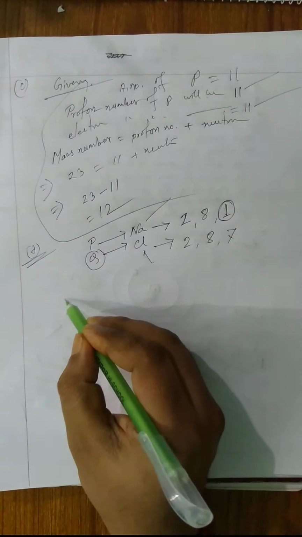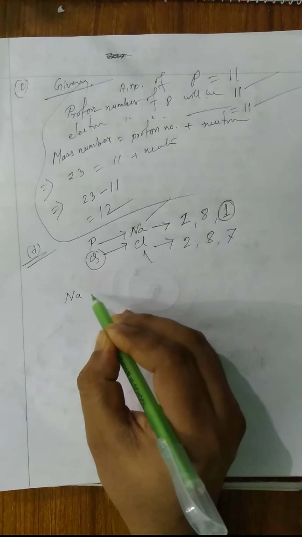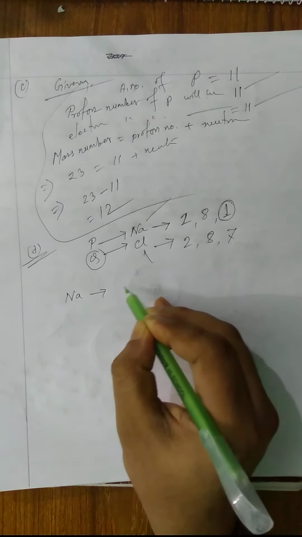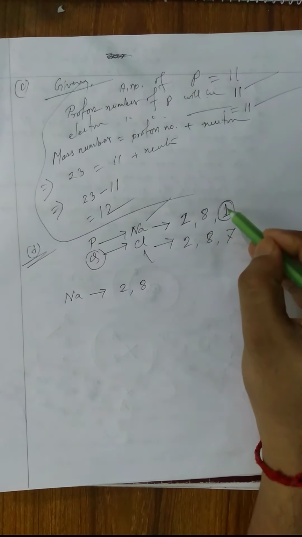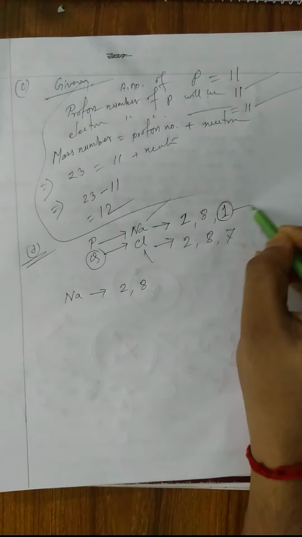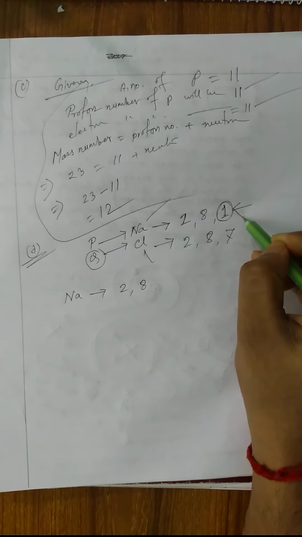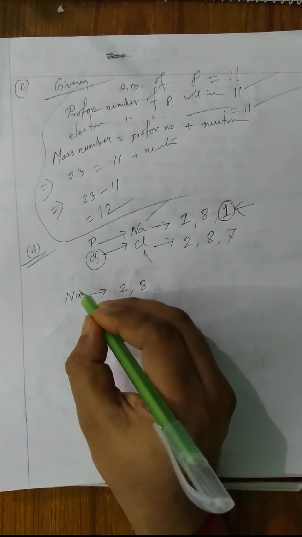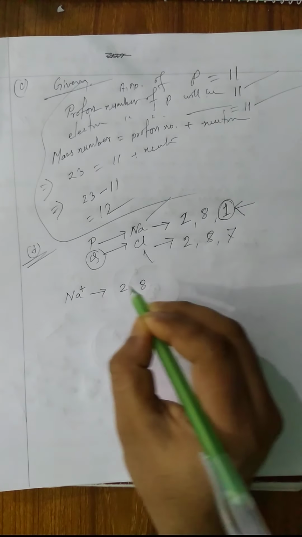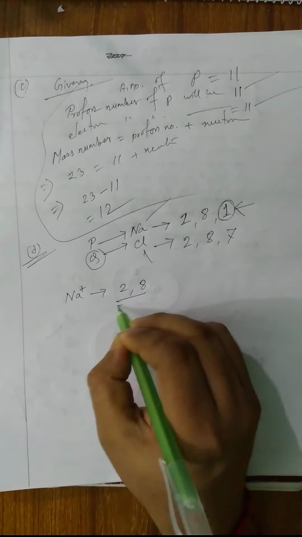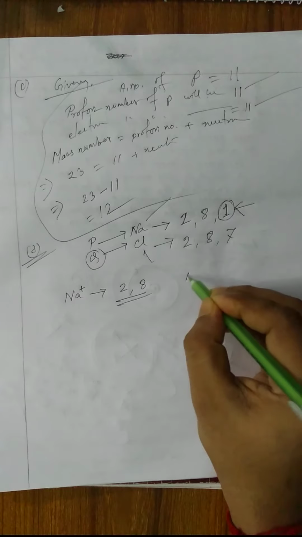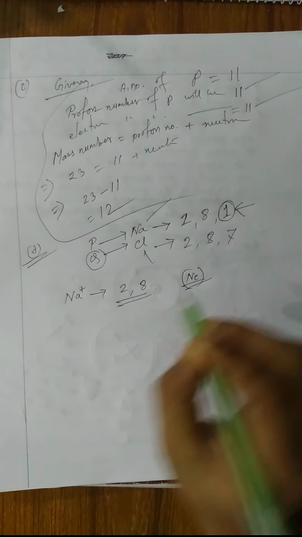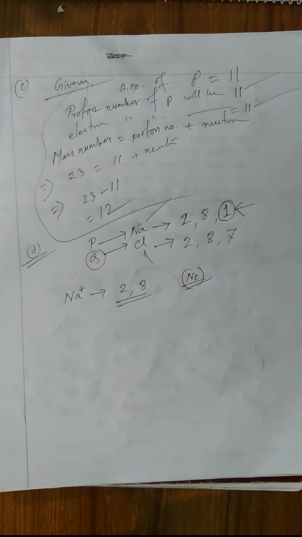So sodium will eliminate the electron from its outermost orbit, or last orbit. So Na plus is formed and the electronic distribution will be 2, 8, which is similar to the electronic distribution of the inert gas neon.